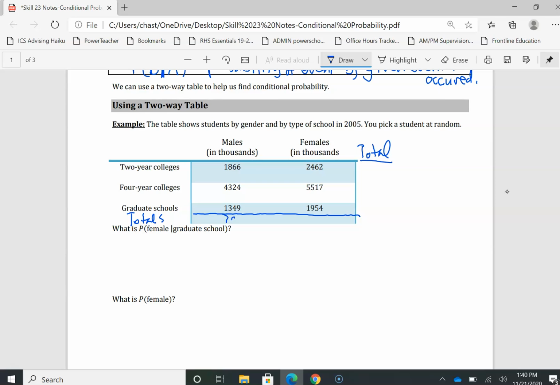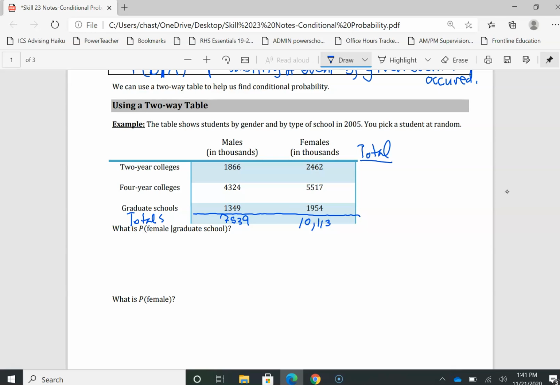There's a total of 7,539 males in all the different types of schools. For females, it's 2462 plus 5517 plus 1954, 10,113.